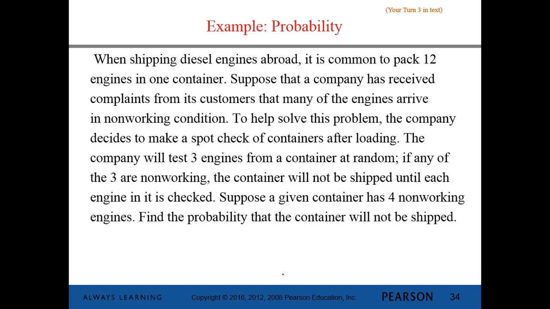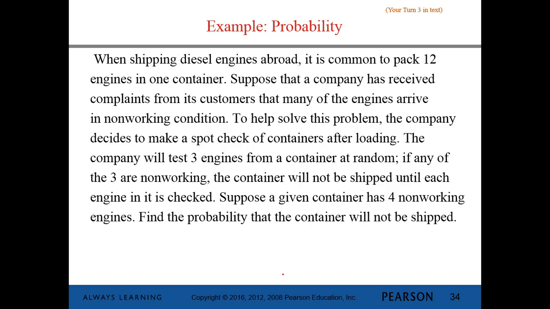If at least one of the 3 engines is not working, then the container will not be shipped. So that's what we need to find. What is the probability that the container will not be shipped? In other words, what's the probability that at least one of the 3 chosen engines will not be working?